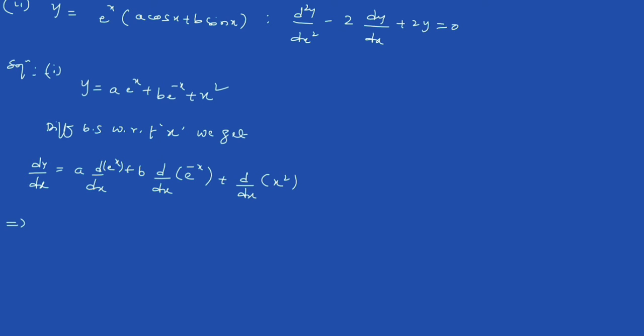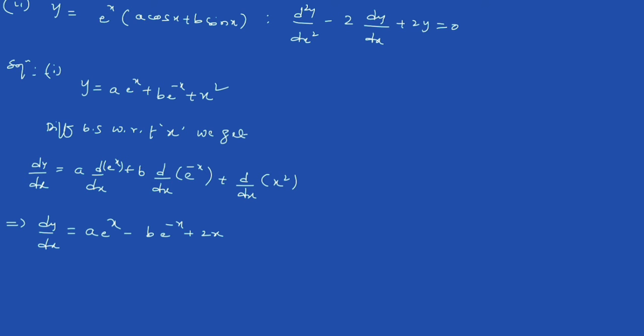So here dy by dx equals a into the differentiation of e to the power of x with respect to x, which is e to the power of x. Here e to the power of minus x is there. If we differentiate, it becomes minus e to the power of minus x. So minus b into e to the power of minus x plus 2x. Differentiation of x square is 2x, it is right.